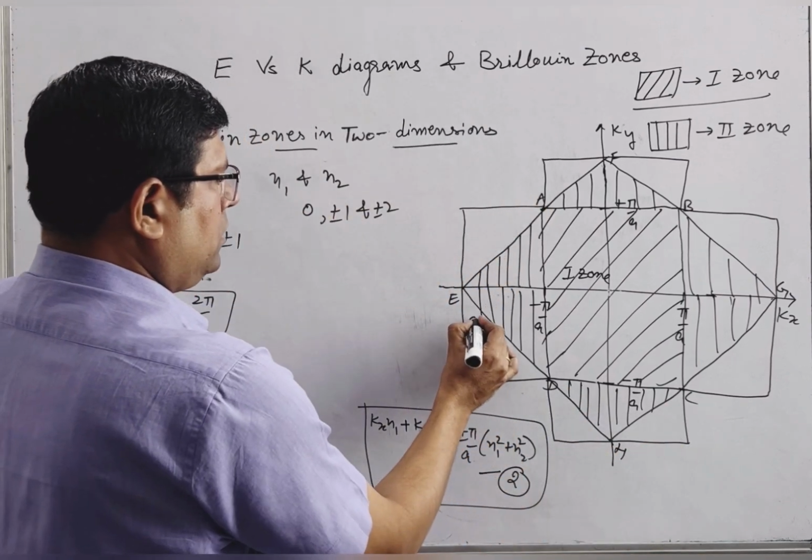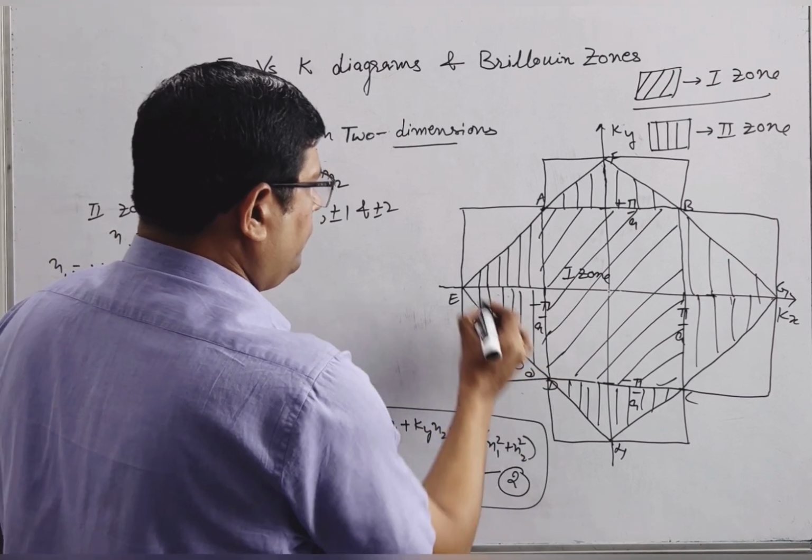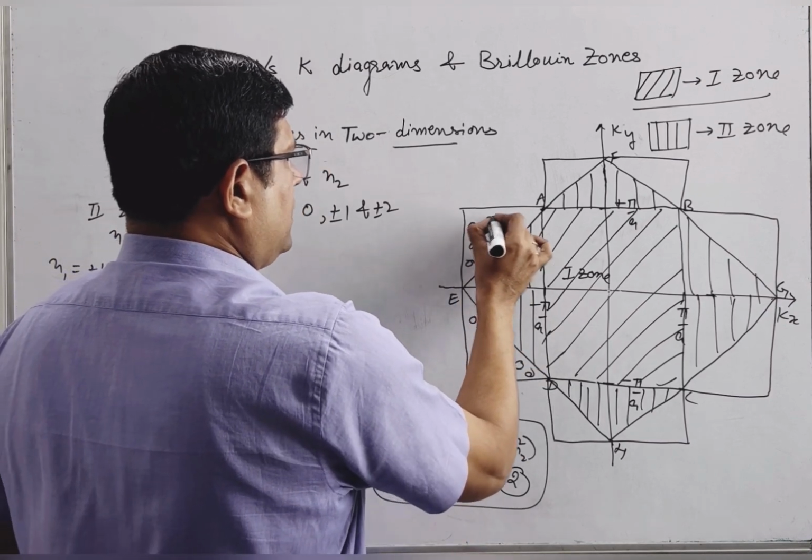So this is the third Brillouin zone shown by these circles.